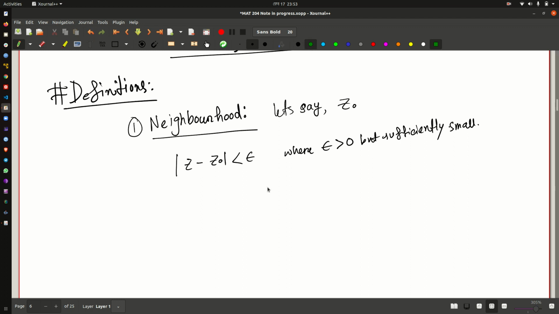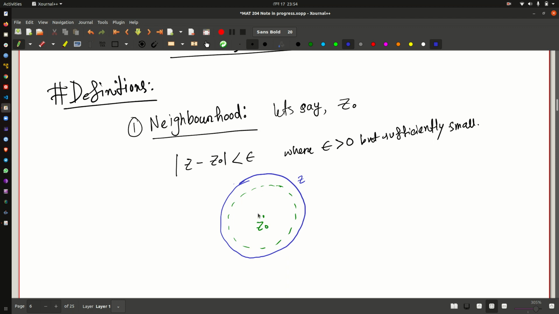Let's say this is a circle and this circle is centered around z0. Okay, and let's say z is any point on an outer circle like this. Okay, so z can be any point over here, and this means that the distance from z to z0 should be less than epsilon. So this green dashed line can be a neighborhood of this z0.